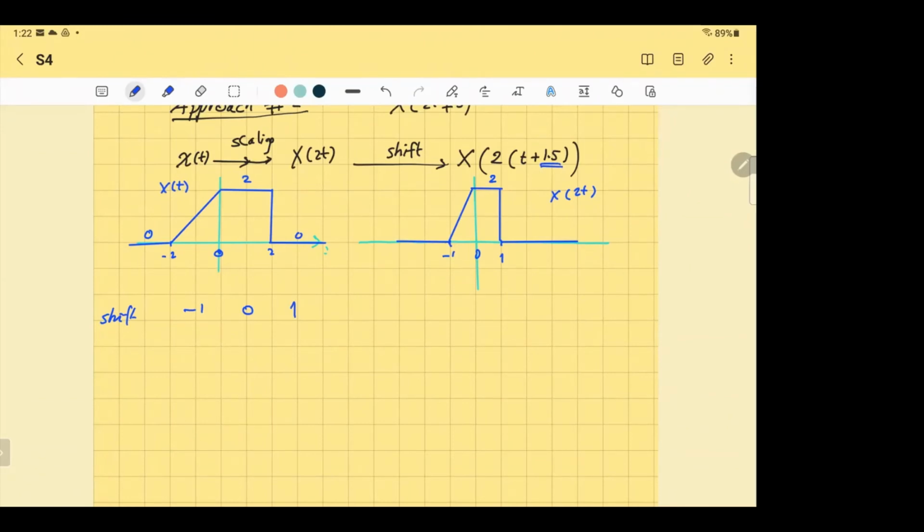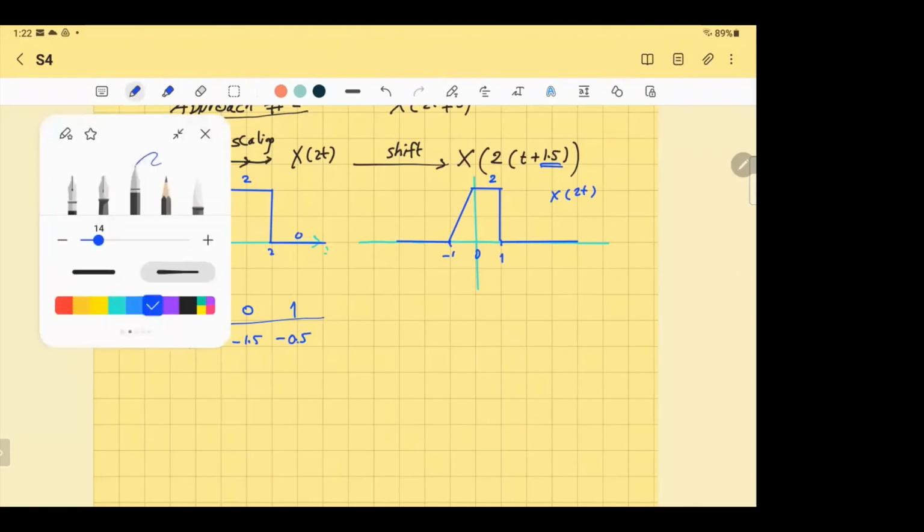So -1 plus -1.5, what you get? -2.5. 0 plus -1.5 is equal -1.5. 1 plus -1.5 would be -0.5. Did I do it right or did I do any mistake? Oh, it's fine. Okay. So I will sketch this result.